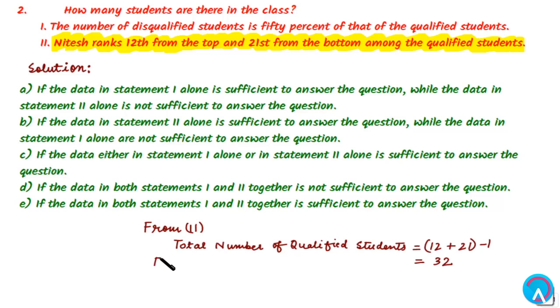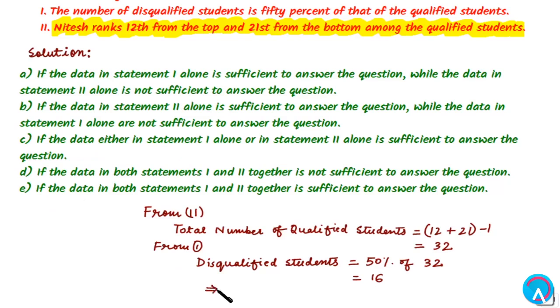So from statement 1, disqualified students are 50% of qualified students, that is 32. So the number of disqualified students will be 16. This implies the total number of students in the class will be qualified students, that is 32, plus disqualified students, that is 16. So this is equal to 48.